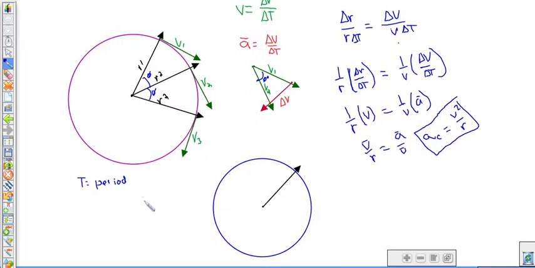And so you would say that your speed or your velocity can be related to the time it takes for a complete rotation. Now you see this in your car engines. You might have a tachometer, and the tachometer says you're going 4,000 RPMs. RPMs is revolutions per minute. So it's telling you that you have 4,000 complete rotations in a minute.